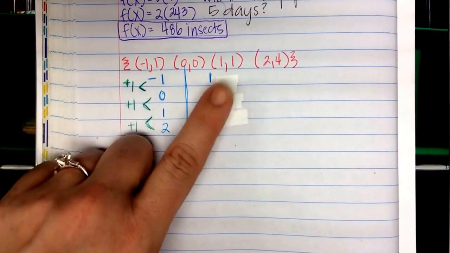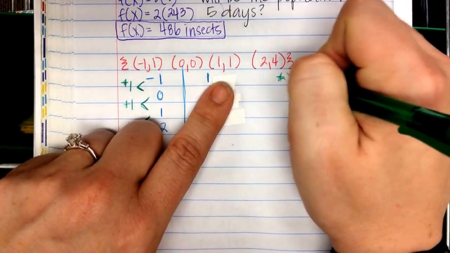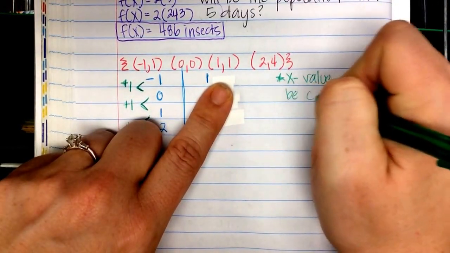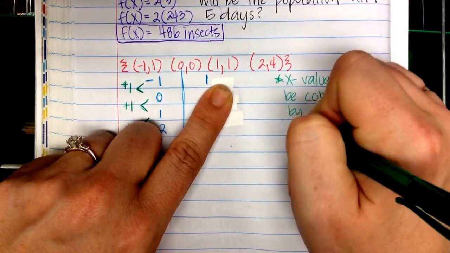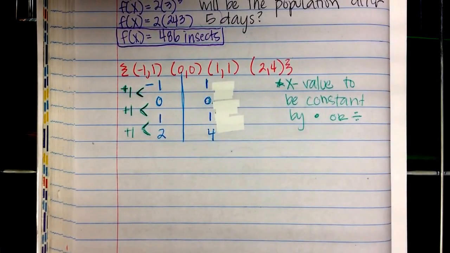Nope, just your x value. So we want the x value to be constant by multiply or divide.